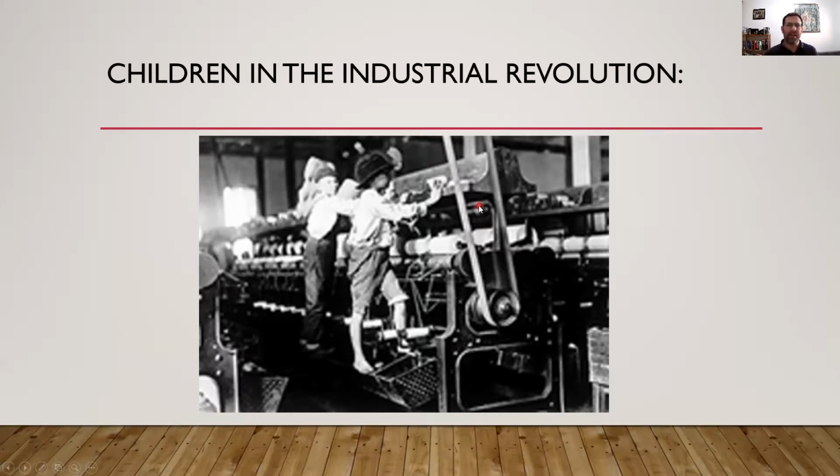And as you can imagine, this was dangerous and many children died and were severely injured during this period while they were working on these machines. This picture here is not in Europe. It's taken in the United States, but the conditions are very similar. And imagine these children, so they shouldn't be able to run away. Quite often, they'd have a chain put on their foot and attached to the machine.